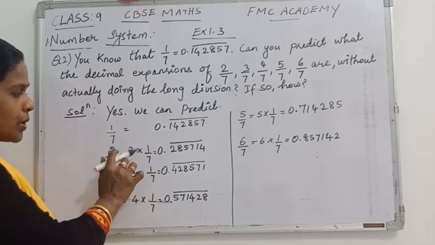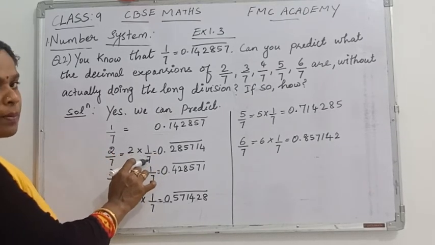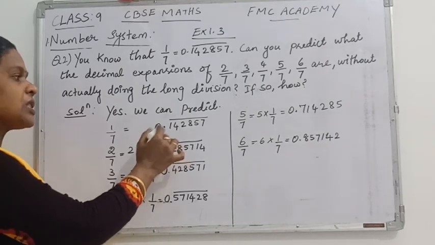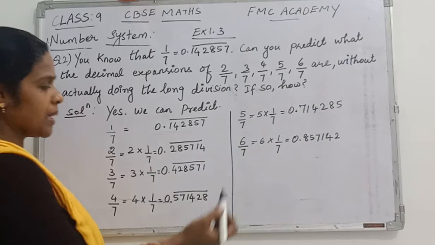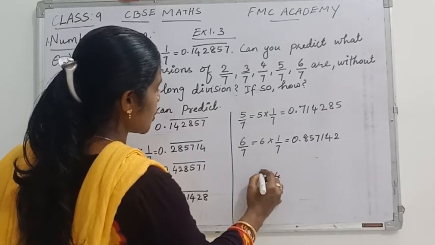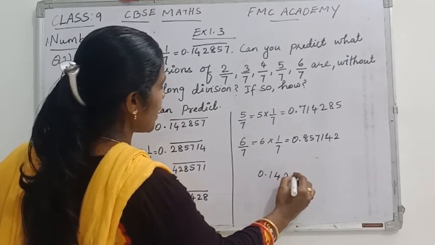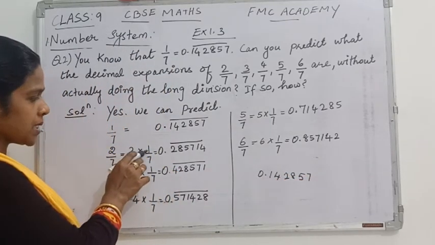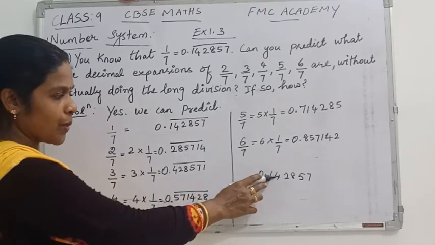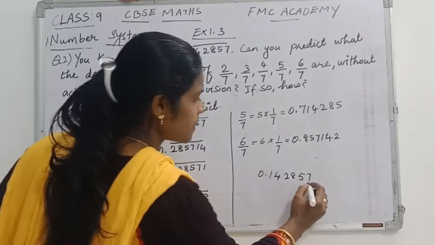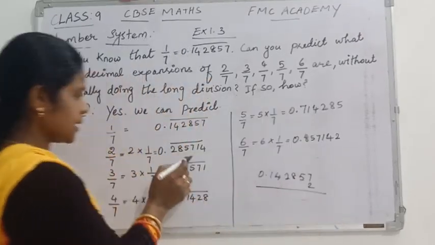So now what you are going to do is multiply 2 by 1 by 7. The value of 1 by 7 we already have, and we are just going to multiply it by 2. 0.142857, multiplied by 2.